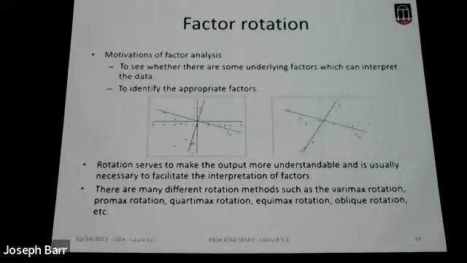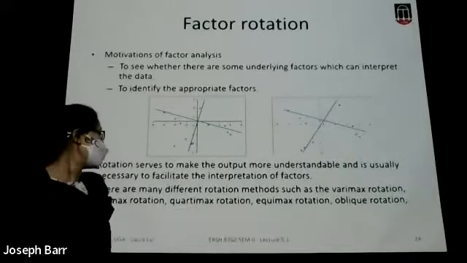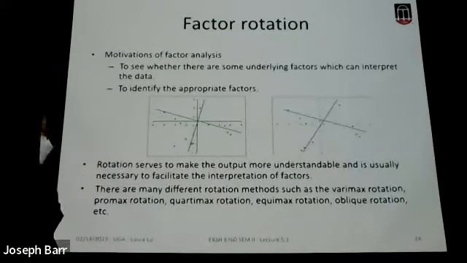And of course, we have a lot of rotation methods. We can have orthogonal rotation, we can have oblique rotation. These are just some of them: varimax rotation, quartimax rotation, equimax rotation, oblique rotation.